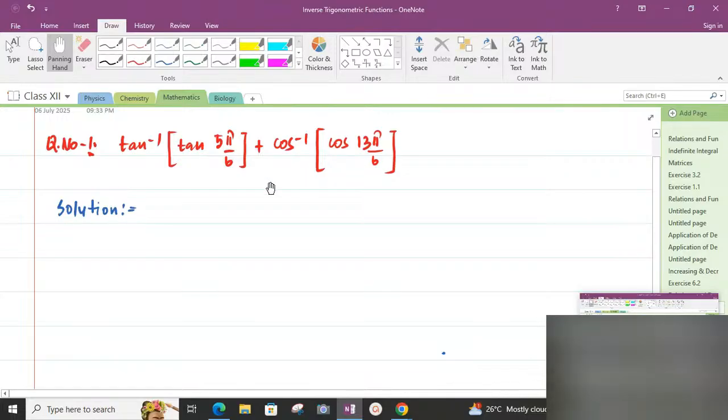So first of all, we consider in which quadrant this lies. This is pi minus pi by 6, so this one lies in the second quadrant. Let's see here.